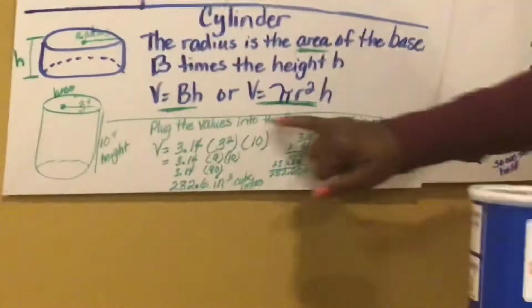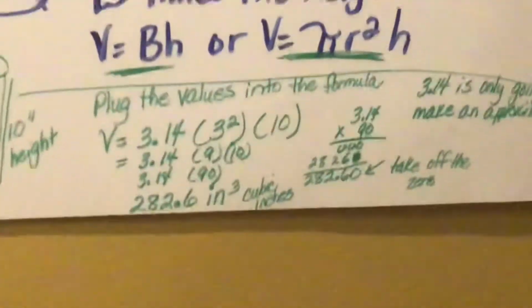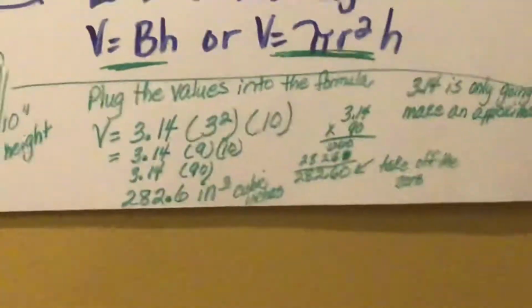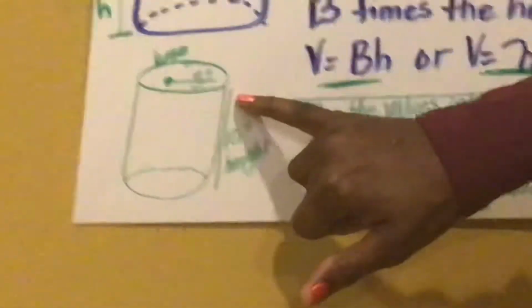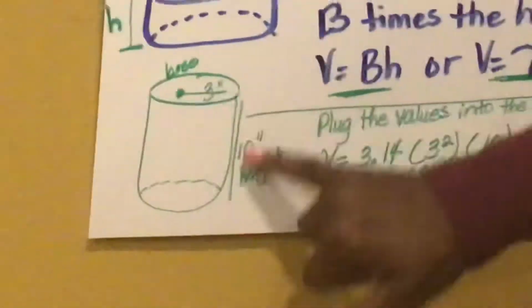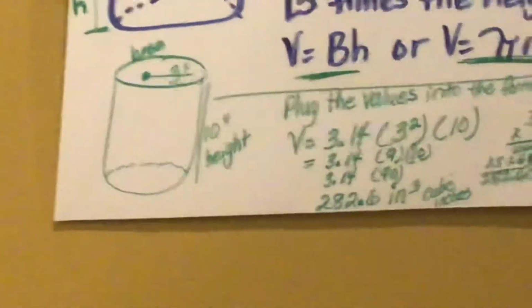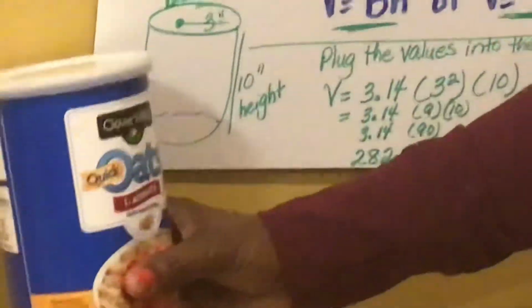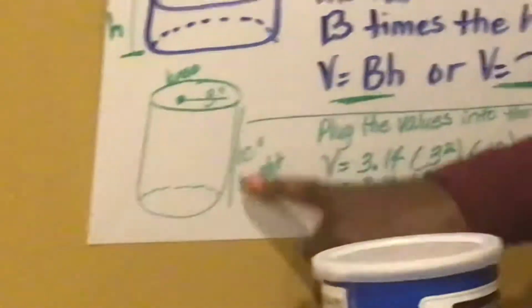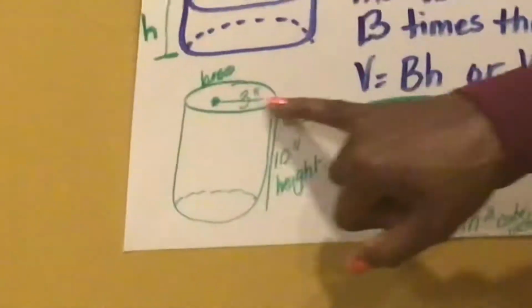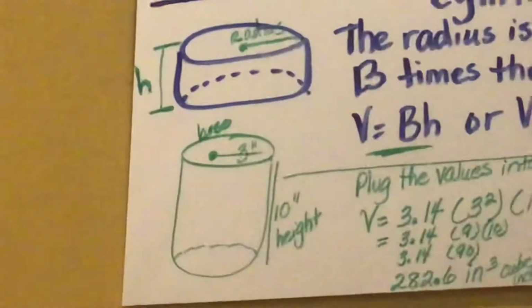Now, something else you need to know: you would need to plug the values into the formula. Let's say, for example, this is the base and this is the height going down on this cylinder. So the height is 10, the base is 3 inches. So we're going to plug the values in using the formula.